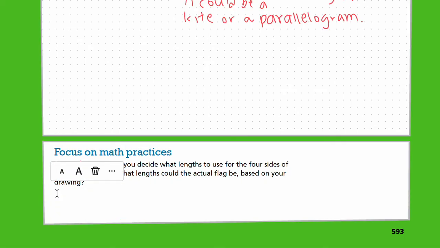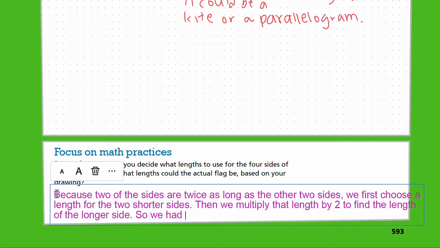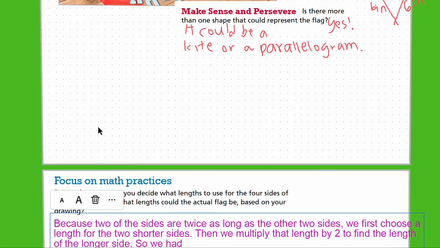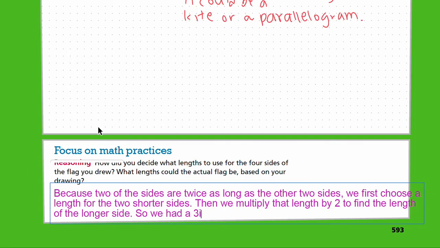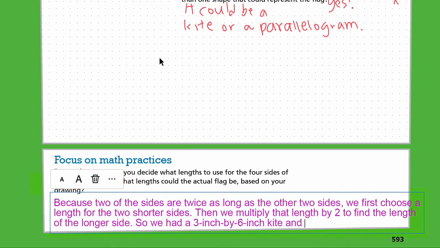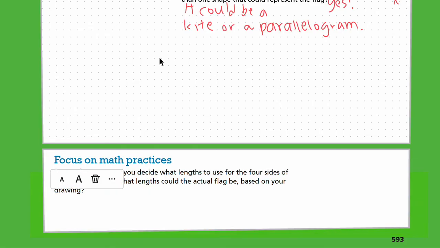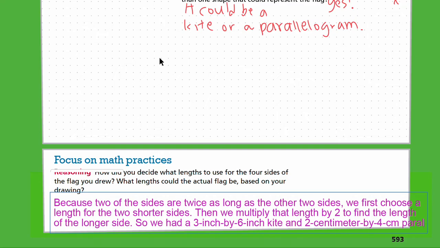So we had a 3-inch by 6-inch kite and a 2 centimeter by 4 centimeter parallelogram.